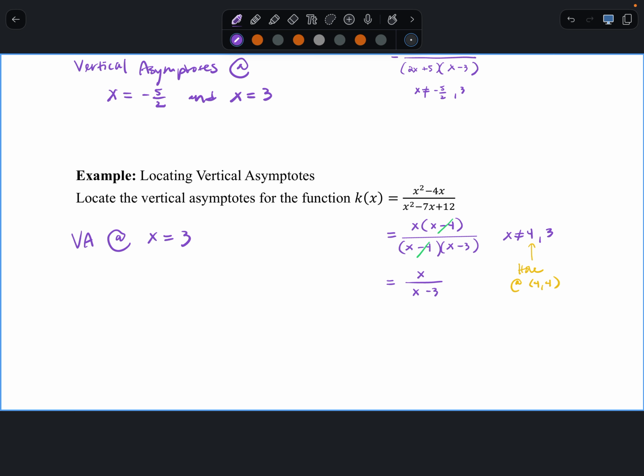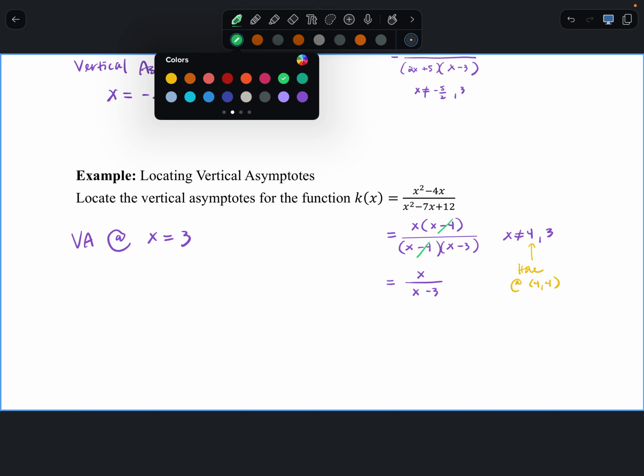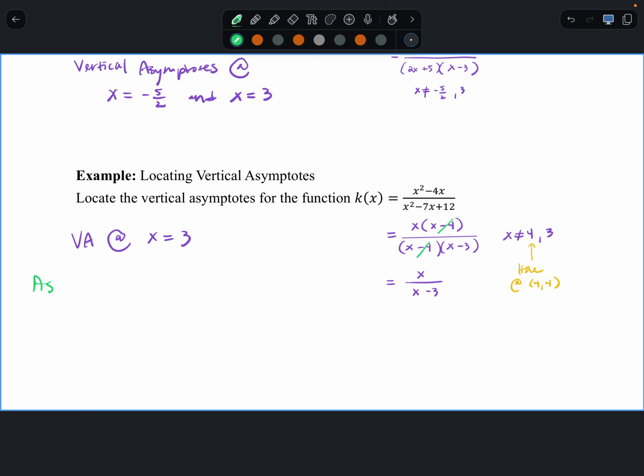Now, for graphing, we are going to want to figure out what the function is approaching as x approaches 3 from the left and the right. As x approaches 3 from the left, what's k of x going to be approaching? It's going to be positive or negative infinity, but we want to know which one.